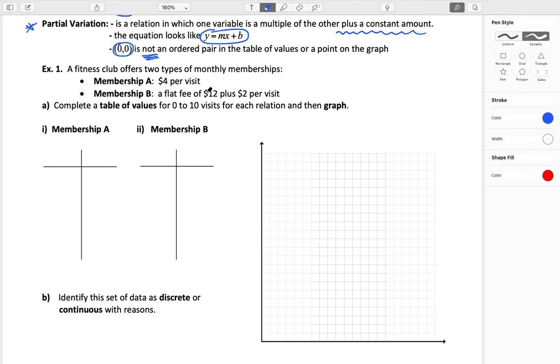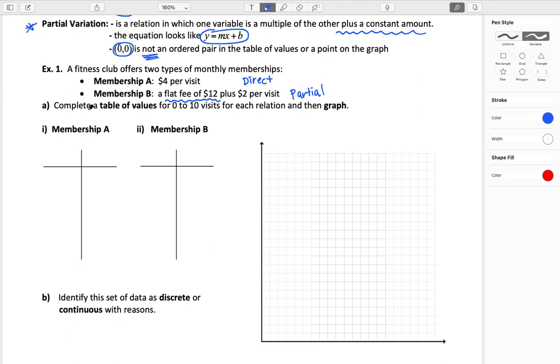Just by looking at the words, you will notice that membership A will probably be a direct variation, and membership B is going to be a partial variation. How do you know right away? Because there is a flat initial fee. When you have a base cost or initial fee, like a deposit, it's always going to be a partial variation.